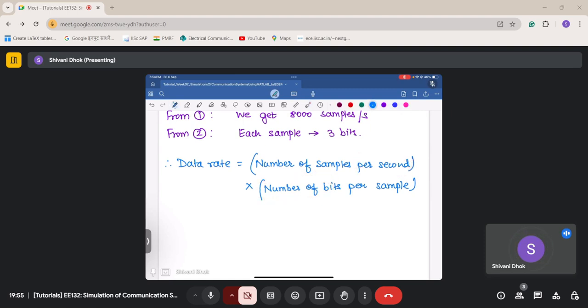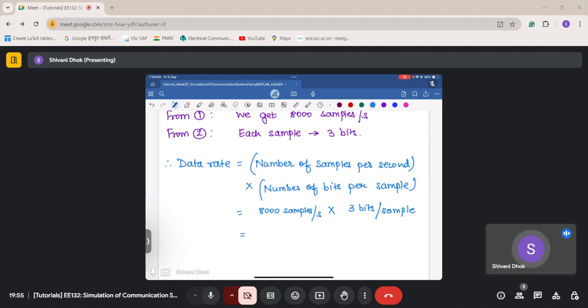So now the number of samples per second is 8,000 samples per second multiplied by 3 bits per sample.